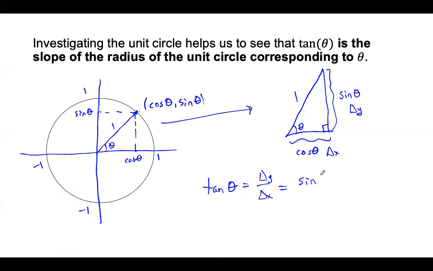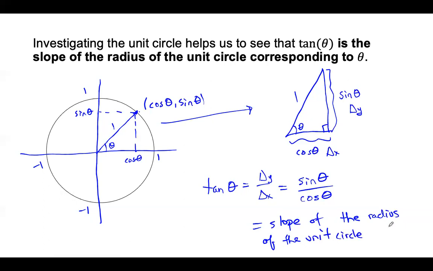So it is the sine of theta divided by cos of theta. So again, this is just the slope of the radius of the unit circle corresponding to theta.